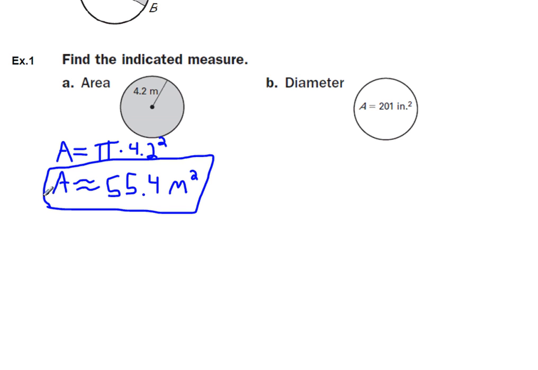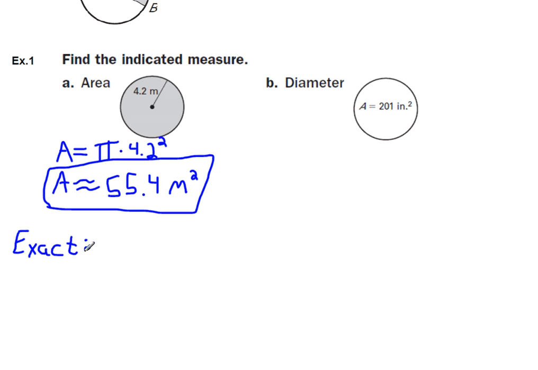All right, that's one way to write the answer. However, sometimes, especially in future classes that you might take, we'll talk about the difference between an exact area and an approximate area. This is an approximate area. Notice I have the approximately equal to sign, and I had to round. An exact area would be where we leave it in terms of pi. We actually leave pi in our answer.